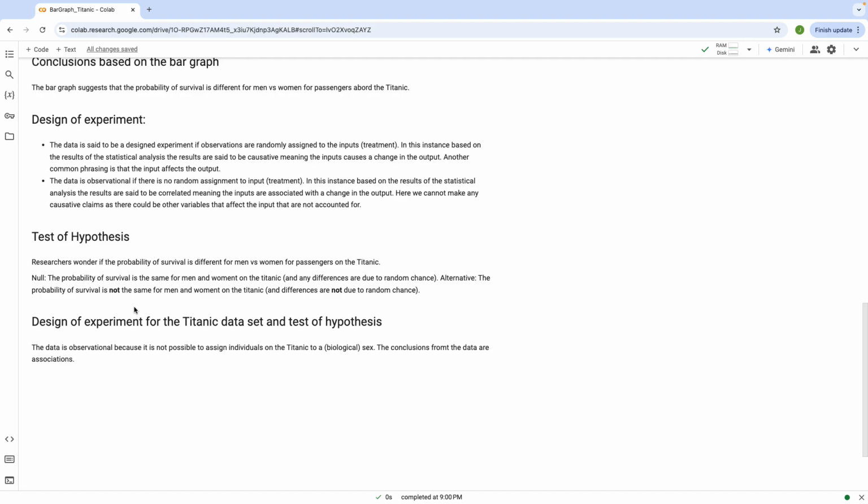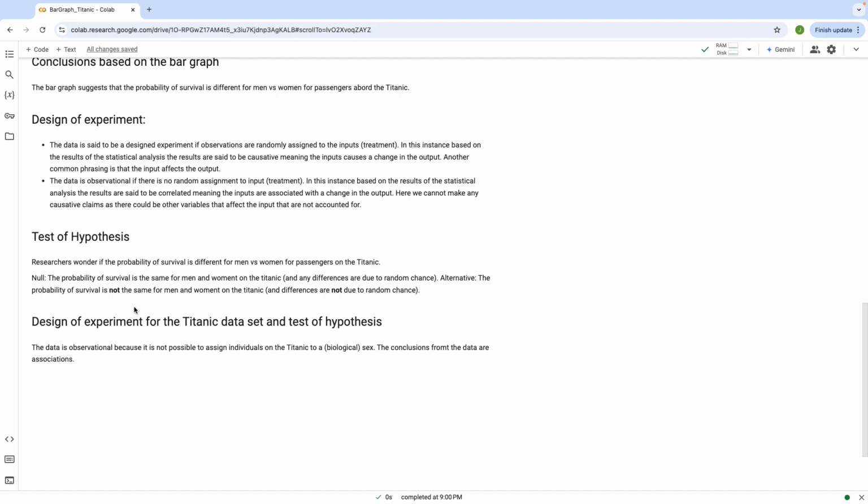The alternative is a statement of an effect or inequality. So for inequality, it would be the probability of survival for men is not the same as the probability of survival for women.